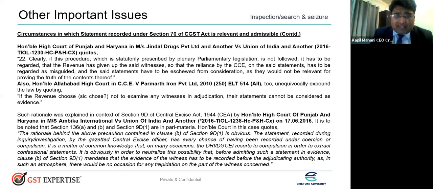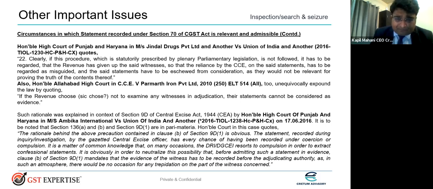In one case, the High Court of Punjab and Haryana in Jindal Drugs held that if the procedure statutorily prescribed by Parliament is not followed, it has to be regarded that the revenue has given up the said witness, and the statements have to be scored off as they were not relevant for proving.